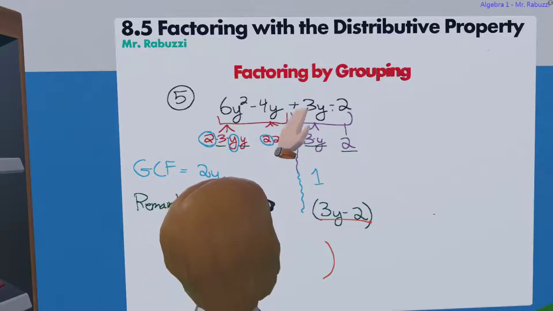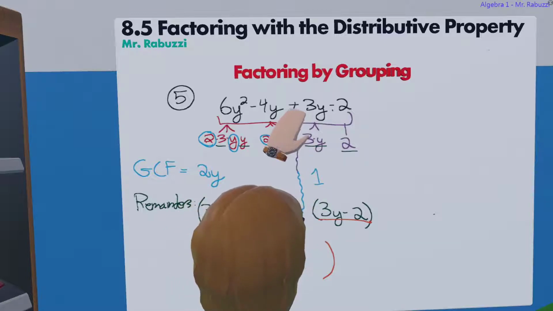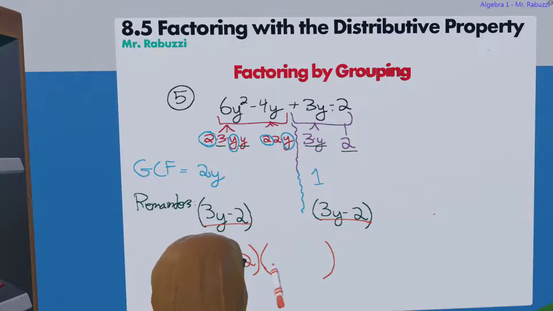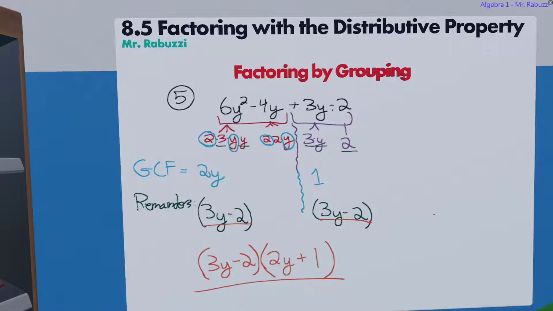And they're going to be adding if this is a positive 1, which it is, right? We didn't take a negative 1 out. We just had an empty space. So 2y plus 1. And that is your answer. Those are the 2 factors of the original polynomial.